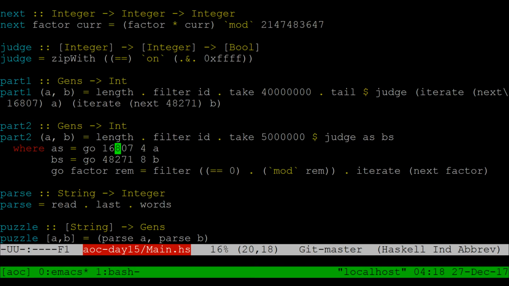this is, again, an example of where I kept getting the numbers mixed up. This go function takes 3 integers as arguments, right? And one of those arguments is the factor they multiply by, this one is the seed that they start with, and this one is the divisor that they check for before returning a value.